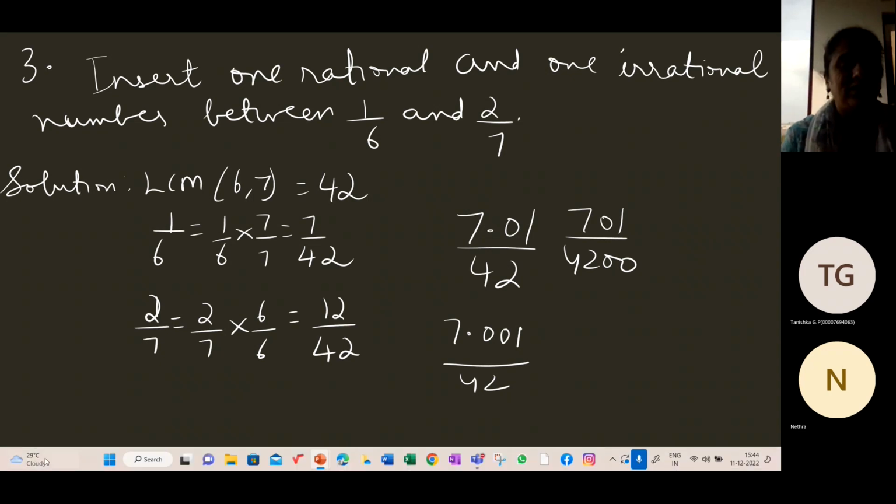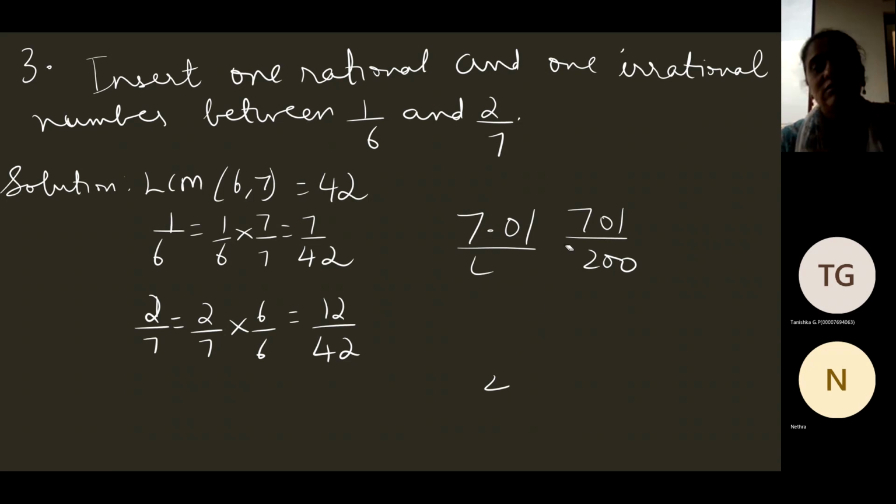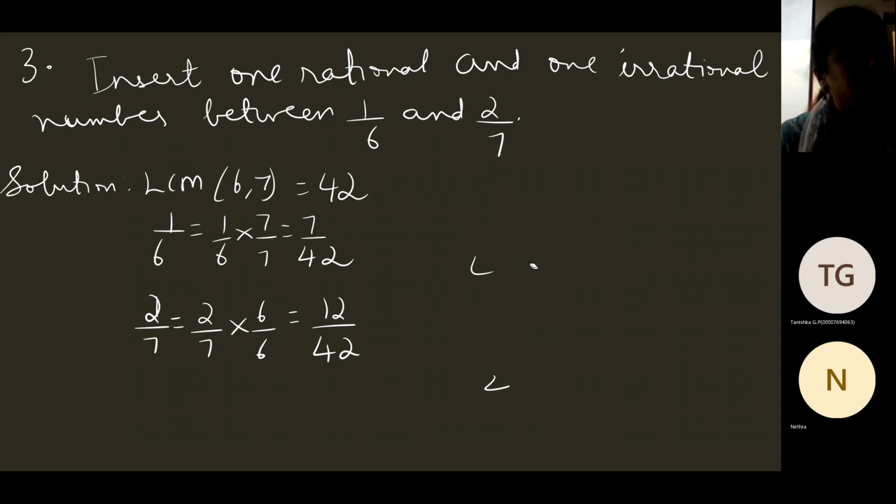Now one irrational, children. One. Yeah. 4 point. How did you get that? You divided 42 by 9. Why by 9?